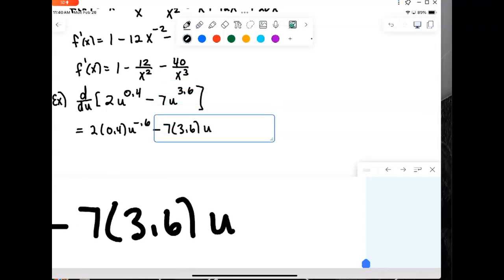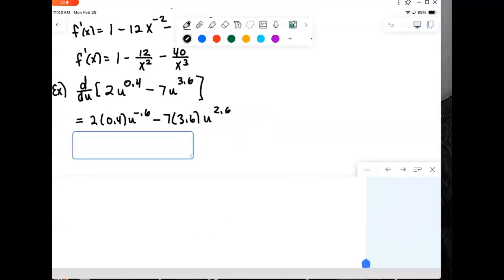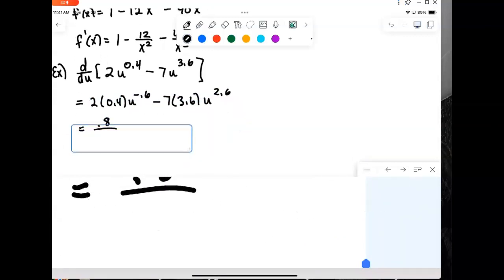Drop it by 1. And then we're just continuing to simplify here. 2 times 0.4 would be 0.8. And then u to the negative 0.6, we move to the bottom. That would just be over u to the 0.6.